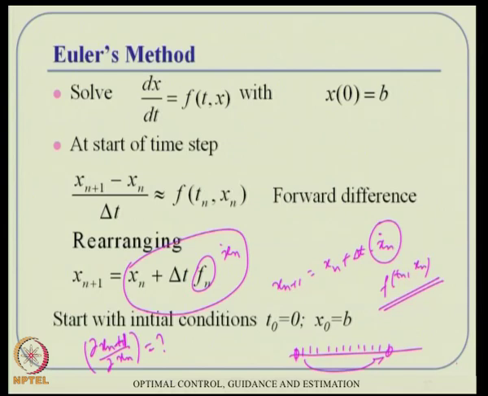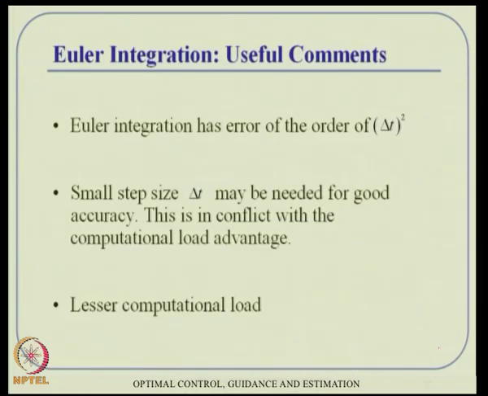So there are advantages and drawbacks with this Euler method. My suggestion is just use it cautiously, don't jump into it. Some useful comments I have already told. Euler integration has an error of the order of delta t square, so it is not very highly accurate.